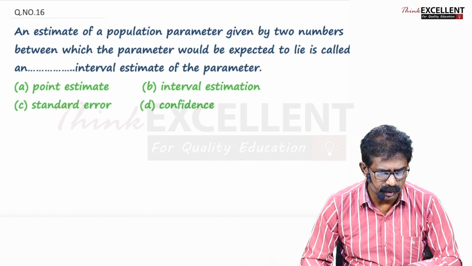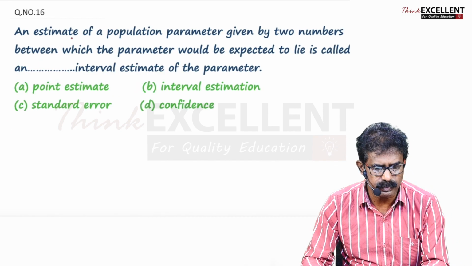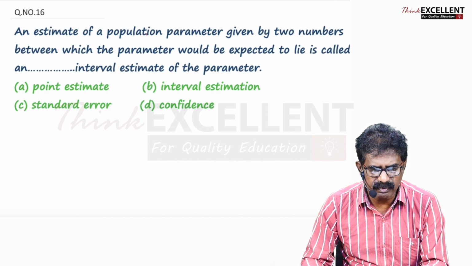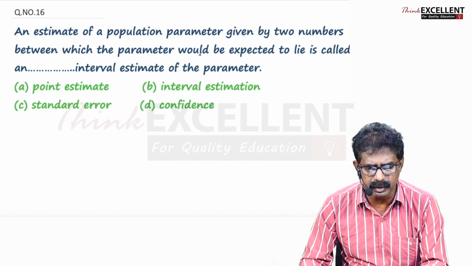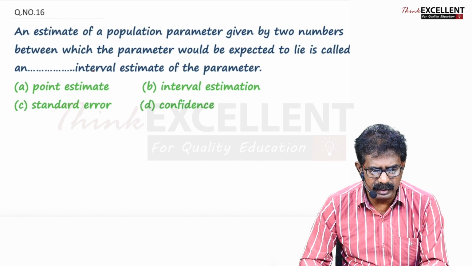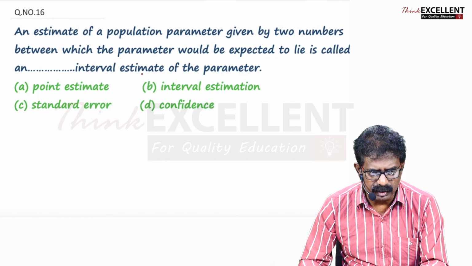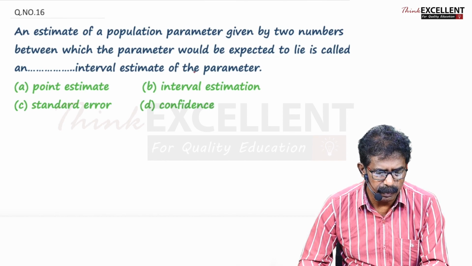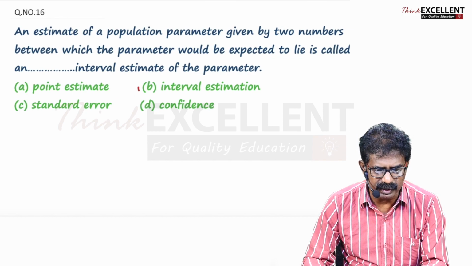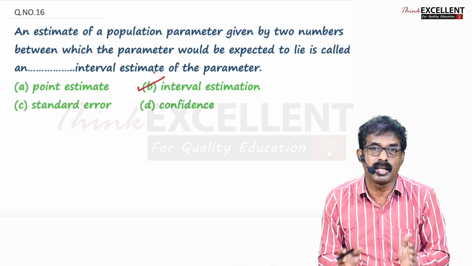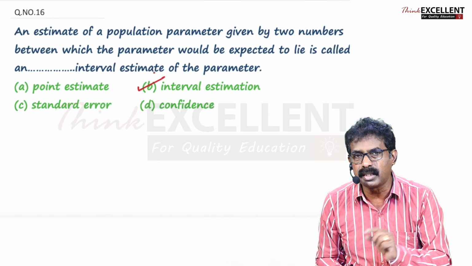Now question number 16. An estimate of the population parameter given by two numbers between which the parameter would be expected to lie is called a dash interval estimate of the parameter. So the answer is interval estimation. In estimation there are two types: point estimation and interval estimation.